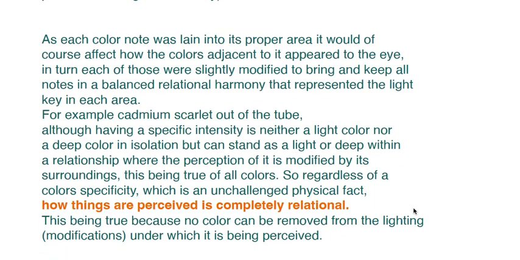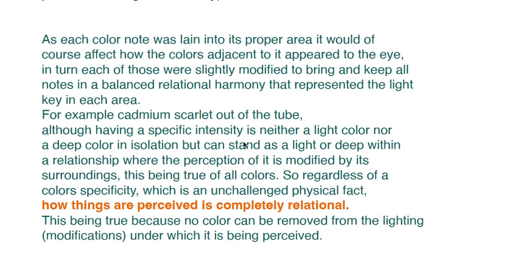So here it talks about cadmium scarlet out of the tube and how just looking at the color, it's really neither light or dark in color, just standing alone. But when you put it near or relate it to surrounding colors, it changes the perception of that color. And so therefore it could be light in one scenario or could be dark in another scenario.